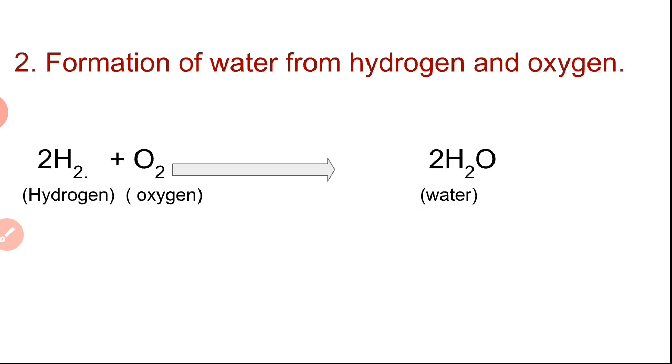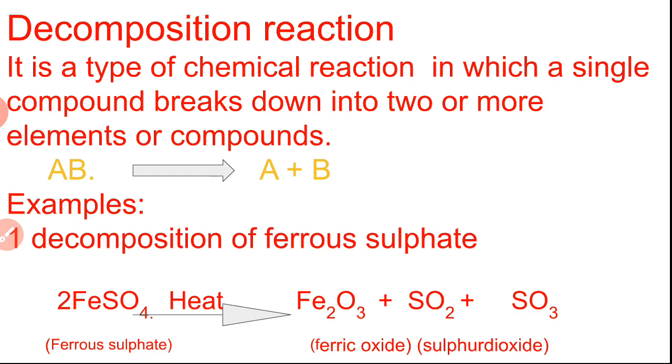Next type is decomposition reaction. It is a type of chemical reaction in which a single compound breaks down into two or more elements or compounds. In a combination reaction, two reactants combine and a compound is synthesized.